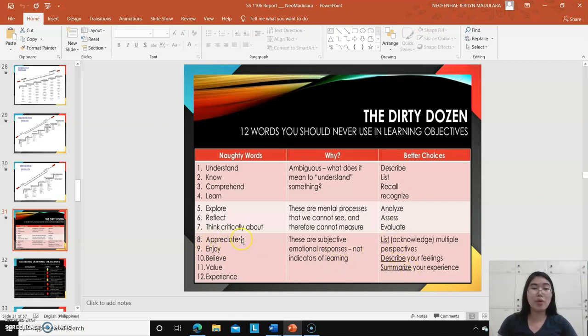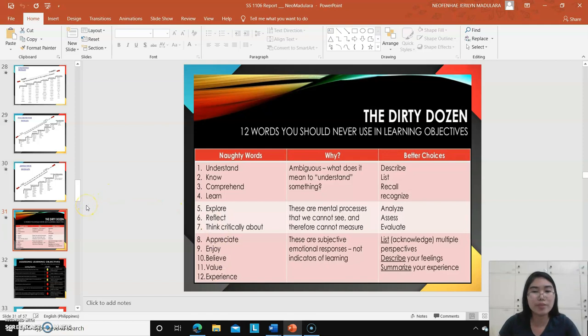Also, commonly used words in the affective domain are appreciate and value. So this depends on the crafting of the learning objectives. For instance, appreciate the value of family planning by constructing a video about family planning, or value the importance of nationalism by having an exhibit.